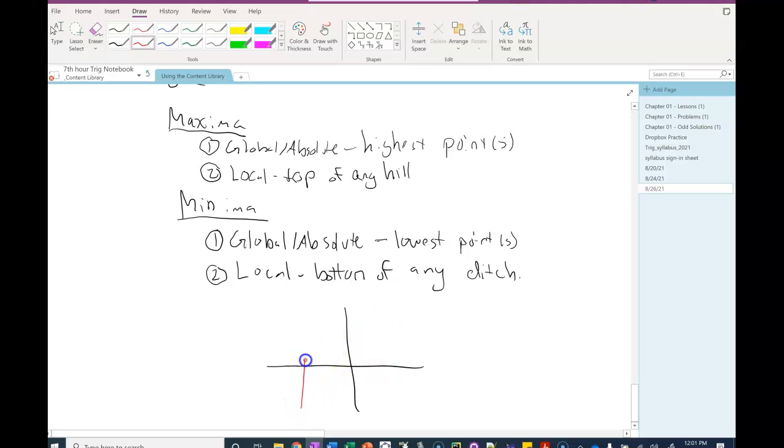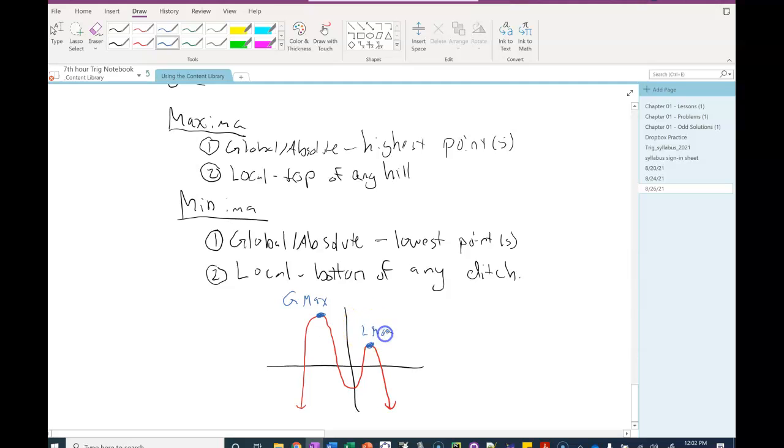So let me do this. Let's say we have something that looks like this. This point here is the highest point on the graph, right? That's our global maximum. This point here is also the top of a hill.